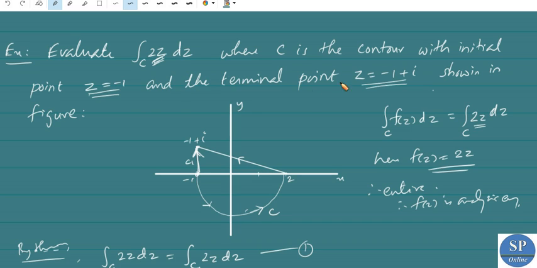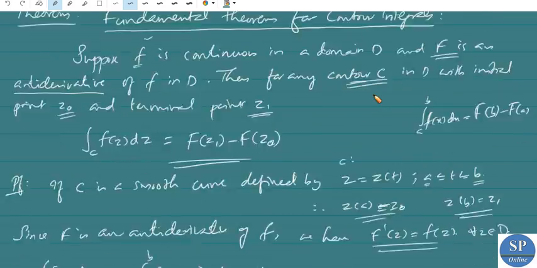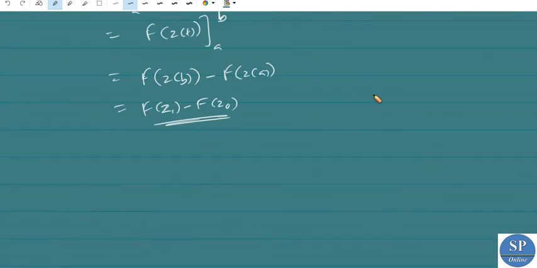So we need to integrate f of z, that is 2z, over C from z equal to -1 to z equal to -1 plus i. So we can directly integrate this.